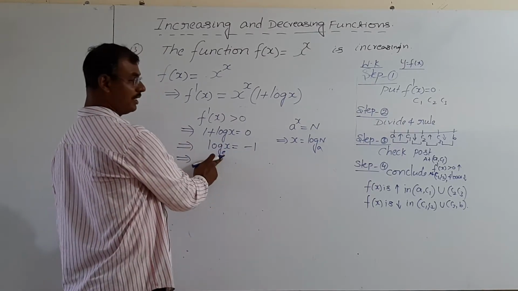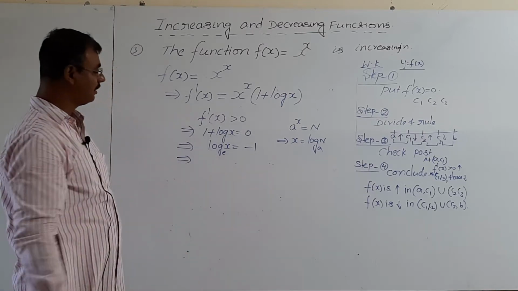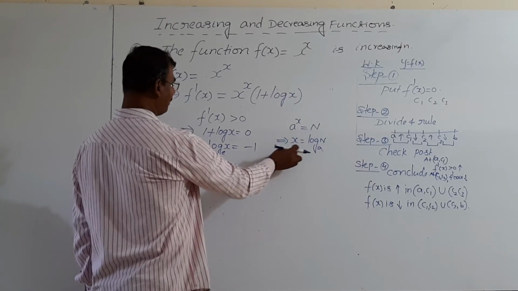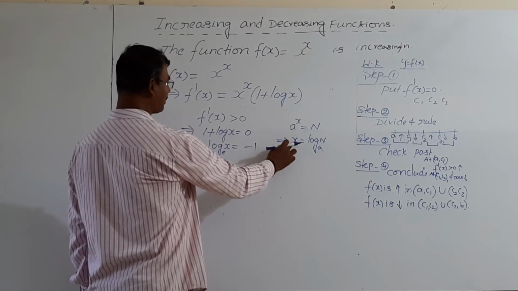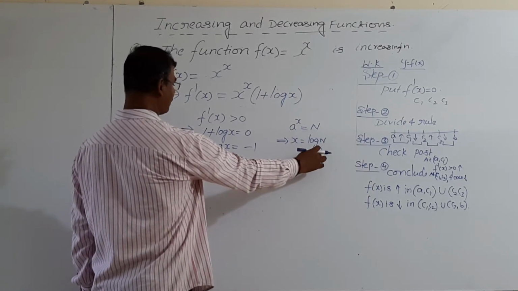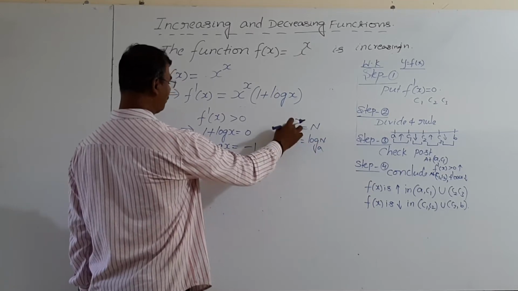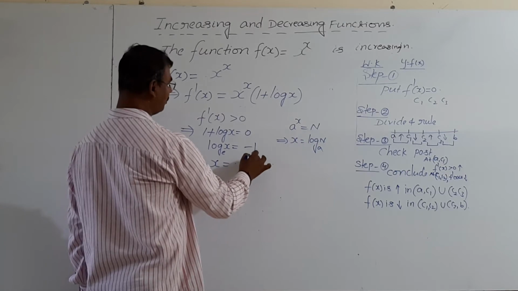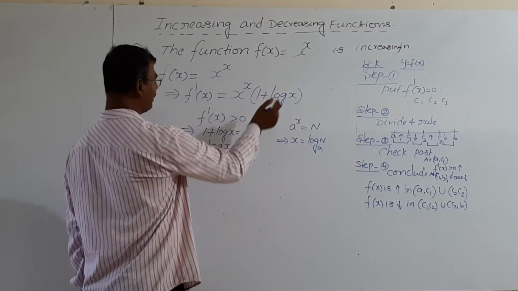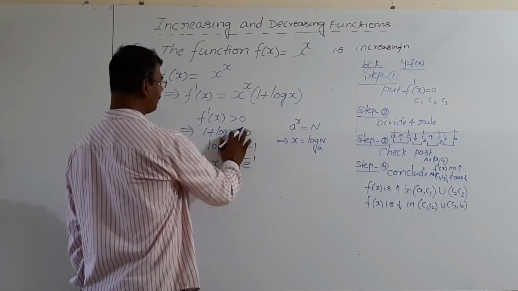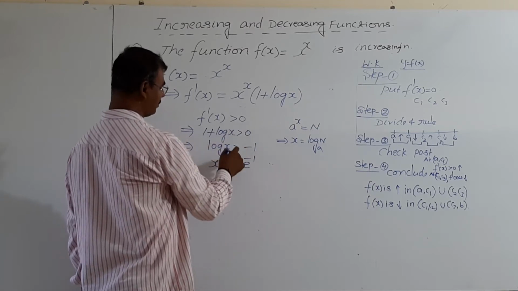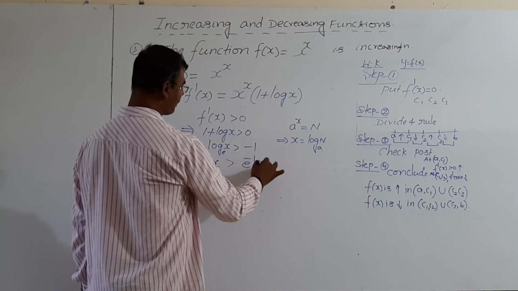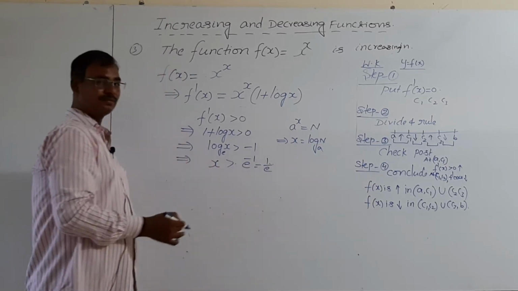If there is no base, you have to always take the common base e. Now with the help of this definition, minus 1 is equal to log x to the base e. So using this form, I write x is equal to e raised to minus 1. But increasing means what? Take the symbol greater than 0. So x greater than e raised to minus 1, that is equal to 1 upon e.